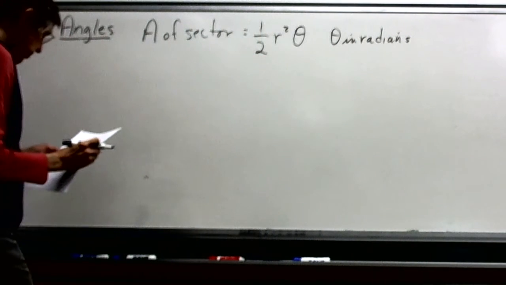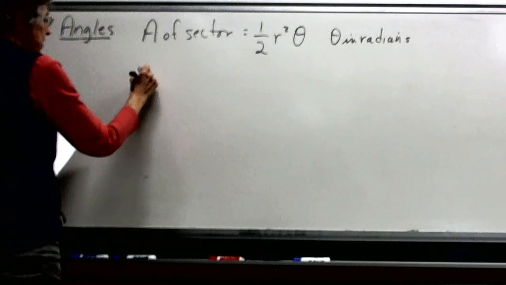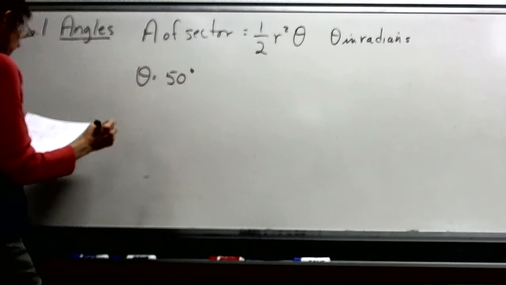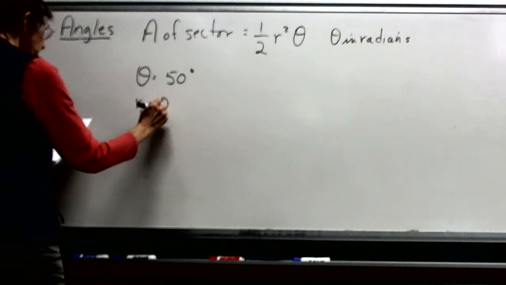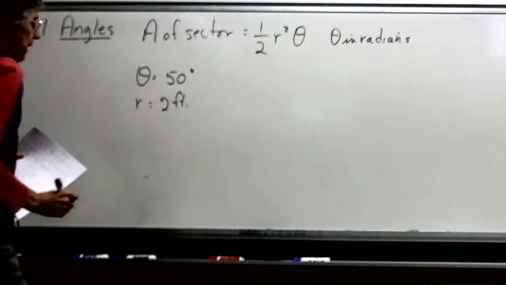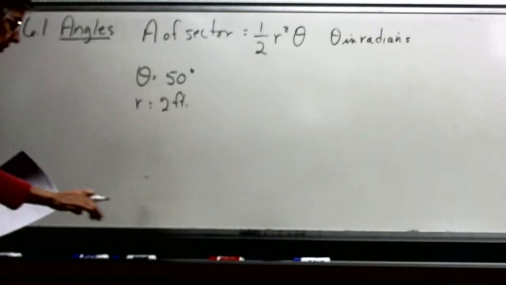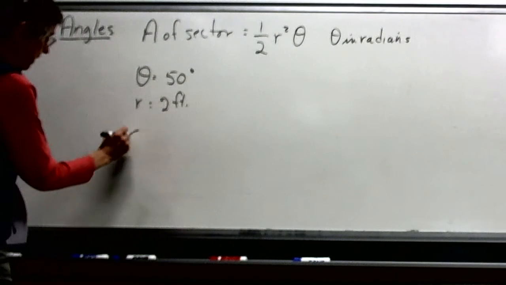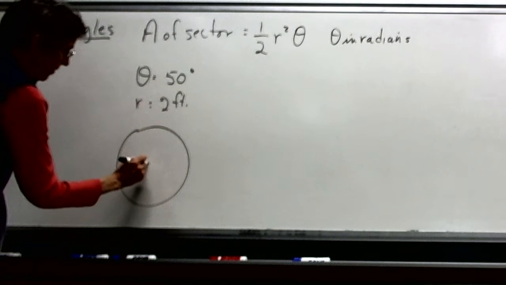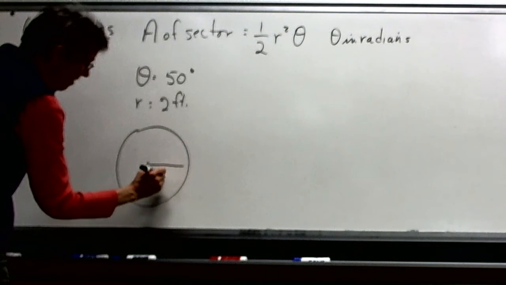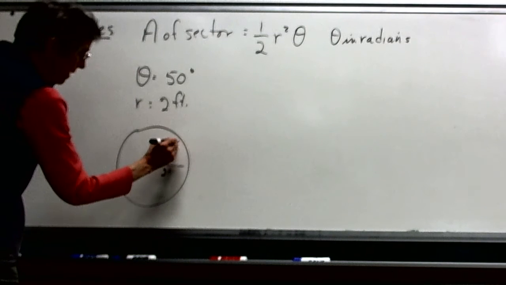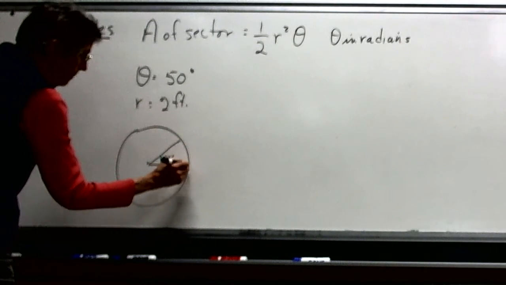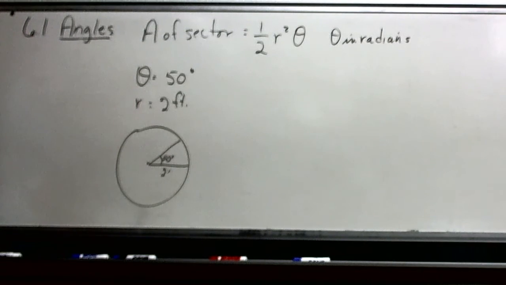So my situation is I'm given a central angle of 50 degrees and a radius of 2 feet. And we want to know how big a sector is subtended by this arc. So the picture looks like here's a 2-foot radius and about 50 degrees in here. And we want to know what the area of that sector is.